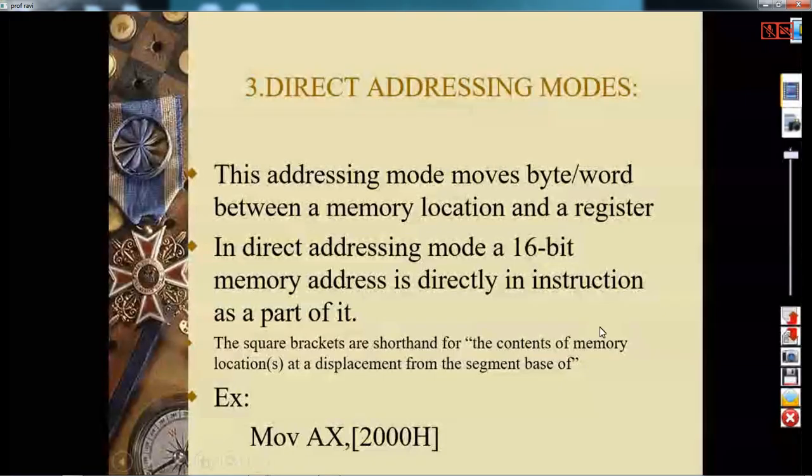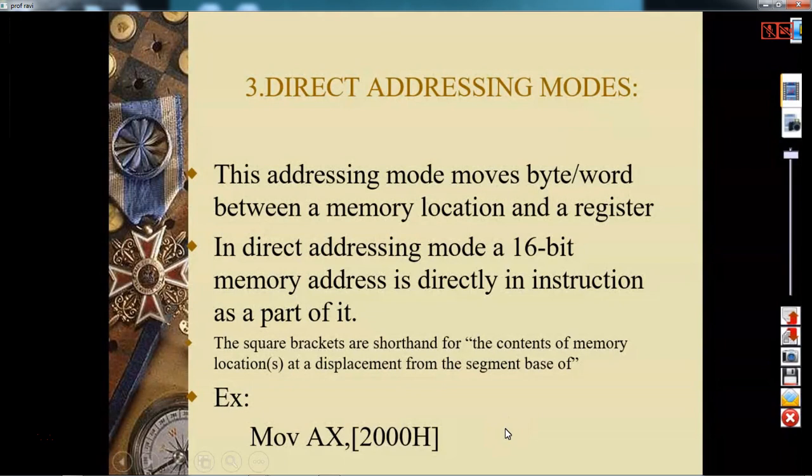Then you see the syntax of writing the instruction. MOV AX, 2000H means this 2000H is a memory location, and the moment you write that, it means move 16 bits from memory into AL and AH, which is AX. Then the content of 2000 will be moved into AL and 2001 content will be moved into AH because it is a 16-bit processor.